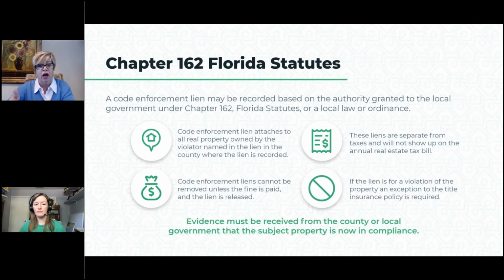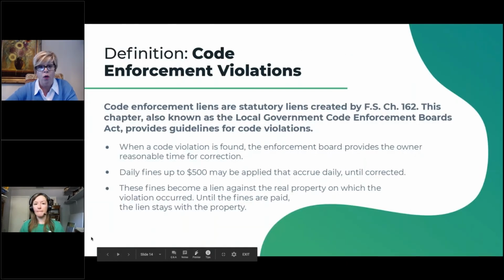You think about all of the changes in our code requirements as it relates to windows and wind structure, things of this nature. So it is very important for all parties to know what the current code requirements are, and if there is a particular property that falls outside of the current code requirements, what the options are.